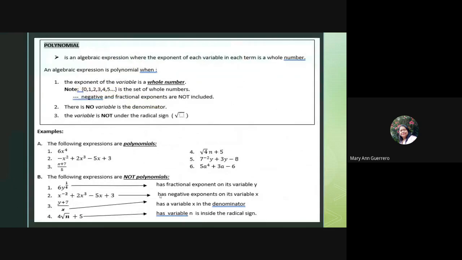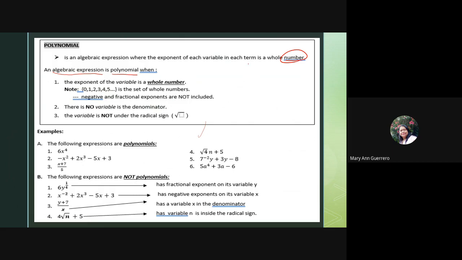Okay, so let us have the polynomial. A polynomial is an algebraic expression where the exponent of each variable in each term is a whole number. So not all algebraic expressions are polynomial. Now, when can we say that an algebraic expression is a polynomial?